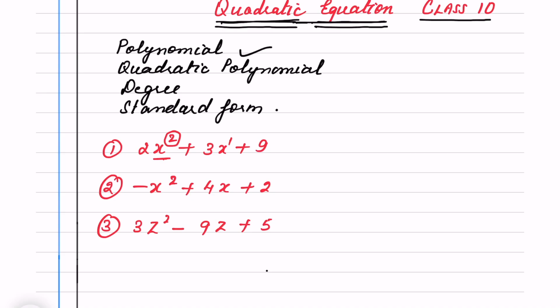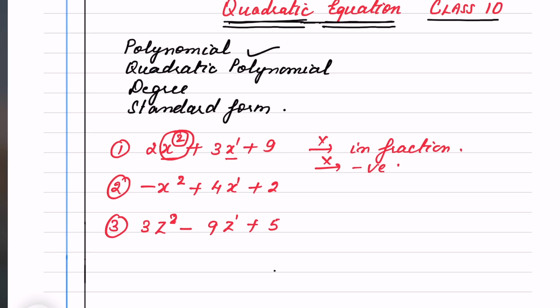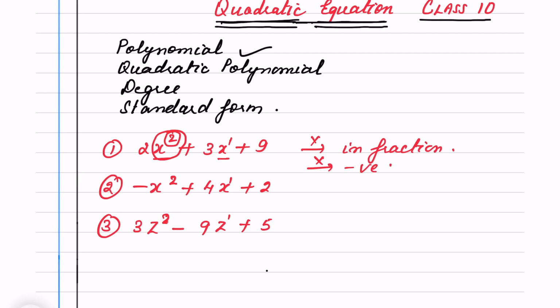Here also we take x square, here 1. Here also z to the power 2 and here 1. So we have to check that the variable's power is a whole number. It must not be a fraction and not be negative. Then only it is a polynomial, as you know.